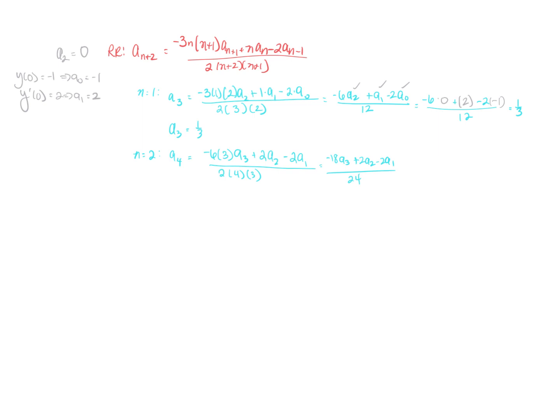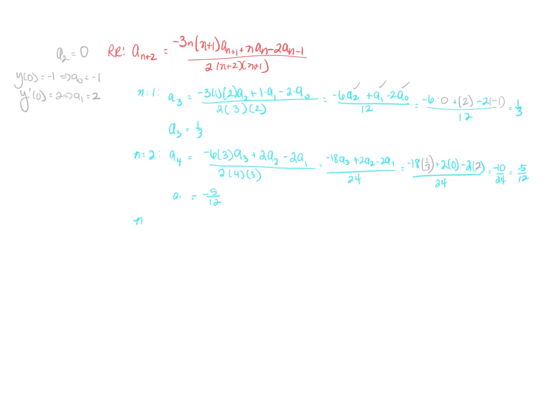And again, we know some of these values. We have negative 18 times a3, which we just found was 1/3, plus 2a2, which is 0, minus 2a1, which is 2, all over 24. So we really get negative 6 minus 4, so it's negative 10 over 24, or negative 5 over 12. So we end up with a4 is negative 5 over 12.